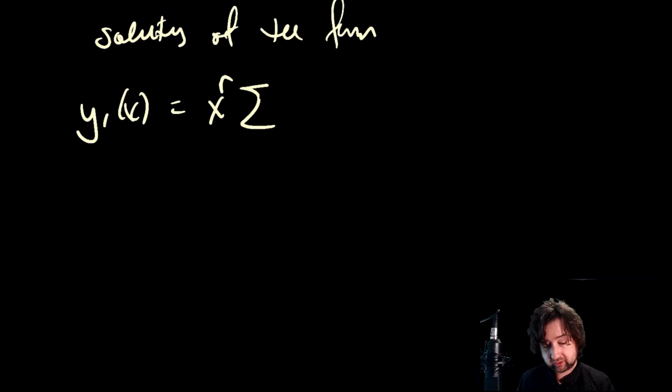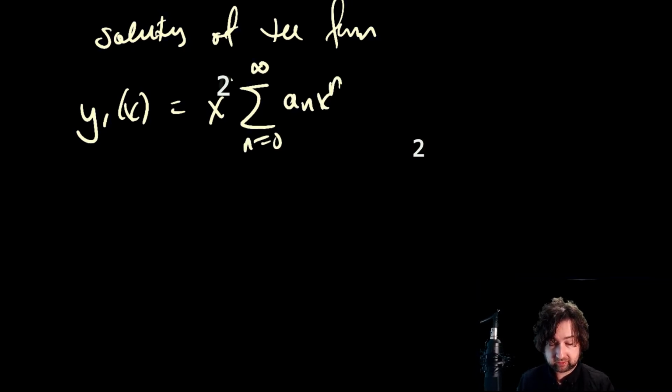So you know, on the basis of that work, that it must be the case that that equation has solutions of the form y1 of x is equal to the sum of x to the r times a_n x to the n.